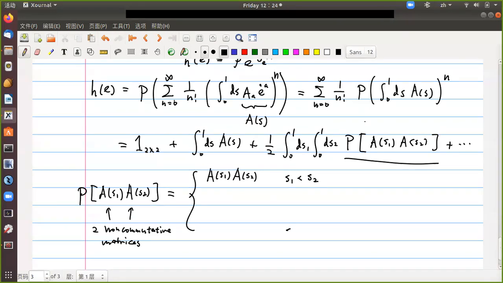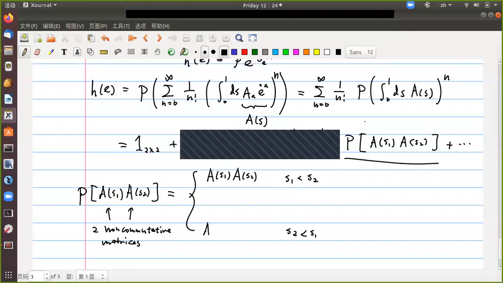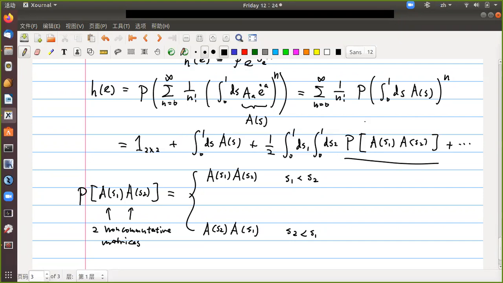Then suppose s2 is smaller than s1, then you have to order A(s2) in front of A(s1). All right, so this is the definition for the path order. Of course, there is some convention involved. It depends on whether you order smaller s in front of larger s or larger s in front of smaller s.